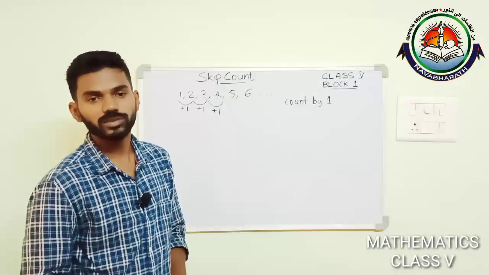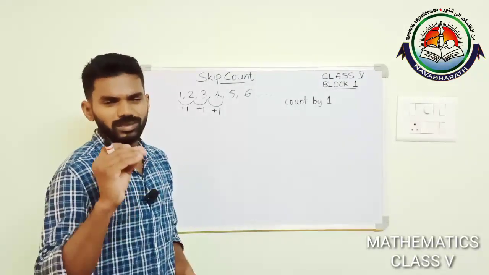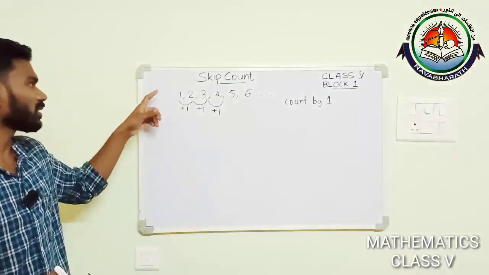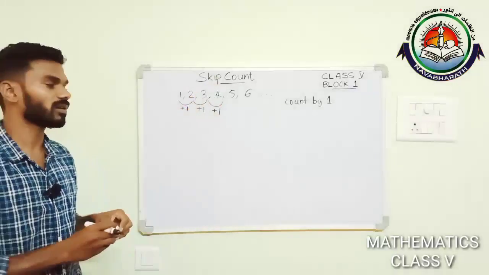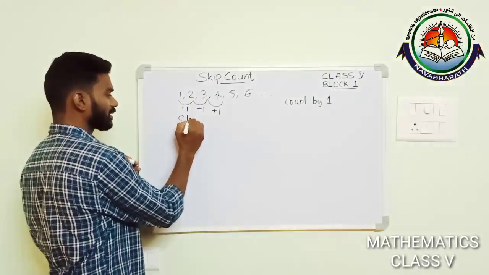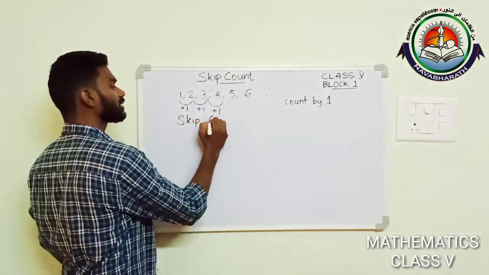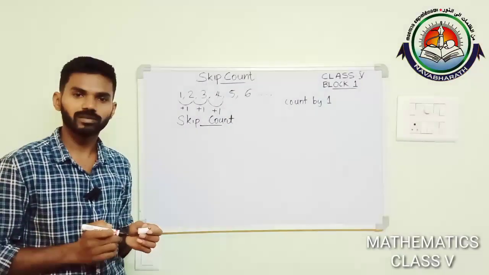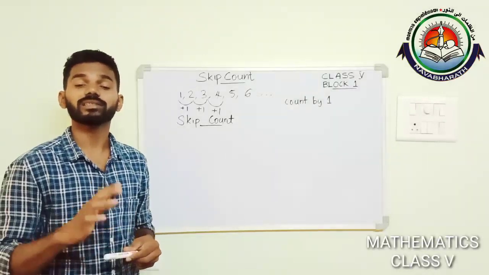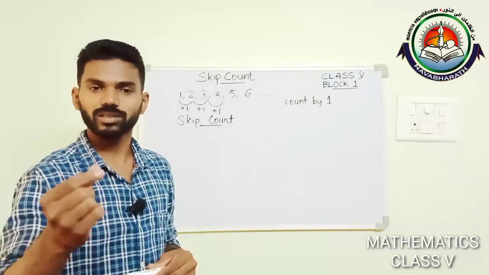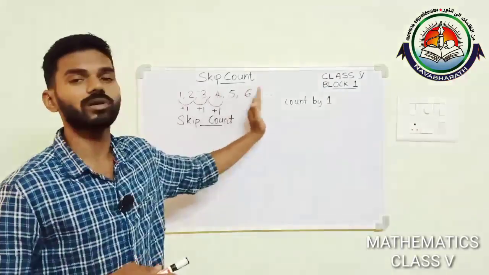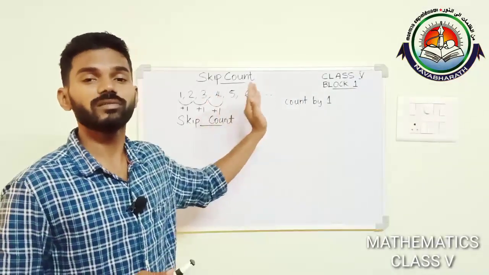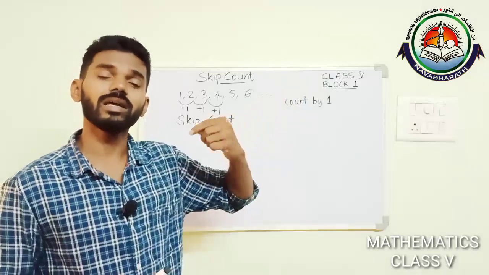Now we are going to discuss some other methods of counting, and that is what is called a skip count. So let's discuss what a skip count is. By definition, a skip count is a method of counting forward by any number.